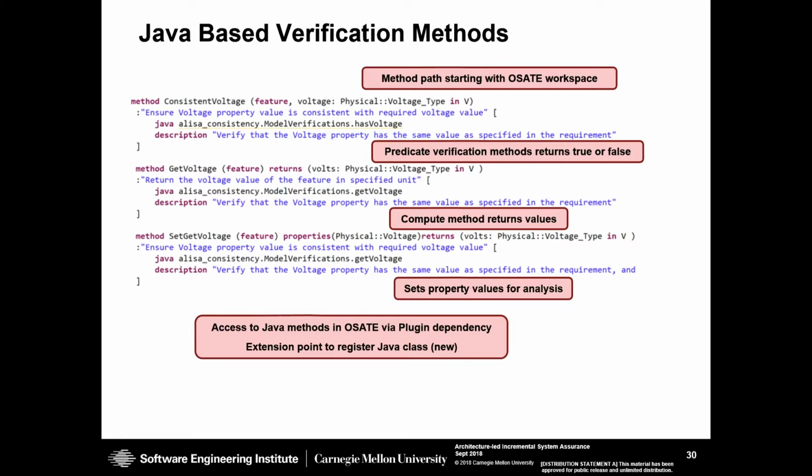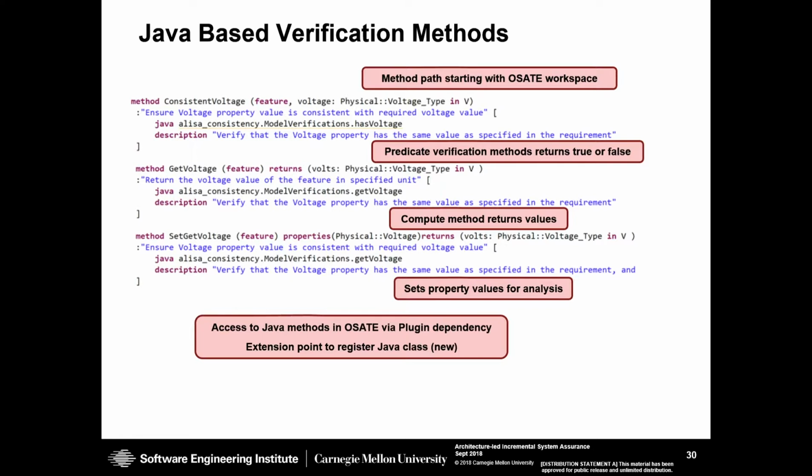A second way that we just recently added of making available access to Java classes and methods is an extension point that then is interpreted. That allows you to bring in analyses that are through additional plugins, like the FAST stuff from Adventium, or Java classes that are written without necessarily relying on the plugin mechanism, especially if you also want to exercise JUnit type of tests, either as part of Alisa or independent of Alisa.